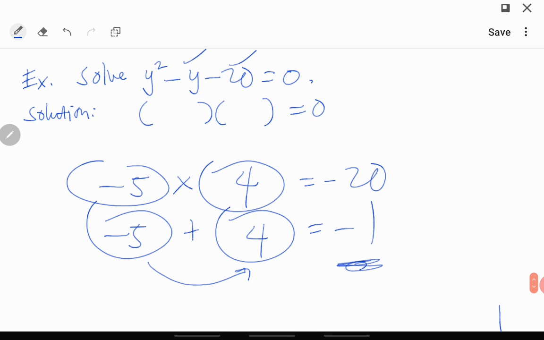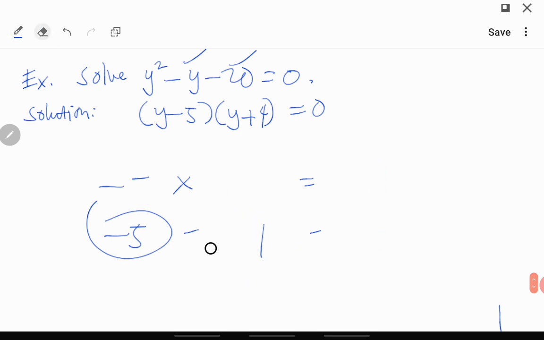Or yung b. Okay. So, our factors are y minus 5 and y plus 4. Yan yung dalawang number na yan yung magiging kasama ng y. Yung 5 ay negative, so kailangan y minus 5. Yung 4 ay positive, so y plus 4. Okay? So ngayon, nakuha na natin yung mga factors, so pwede na natin i-solve ang ating quadratic equation.